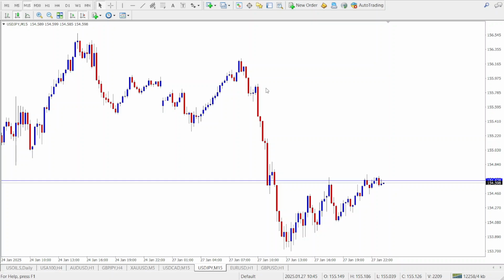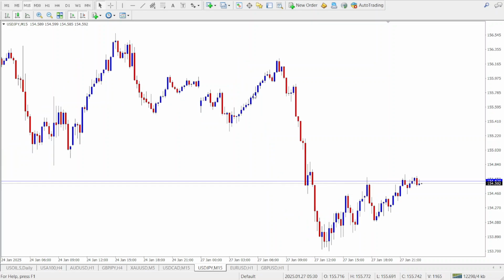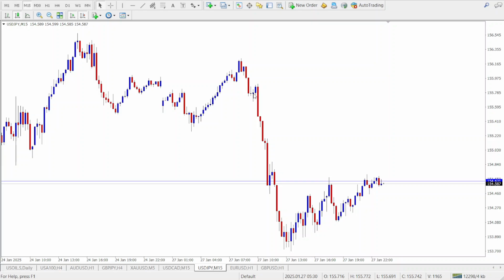Now, what exactly is the Rainbow Forex strategy? In essence, it is a strategy that uses a series of moving averages to help you identify the trend direction and possible entry points.